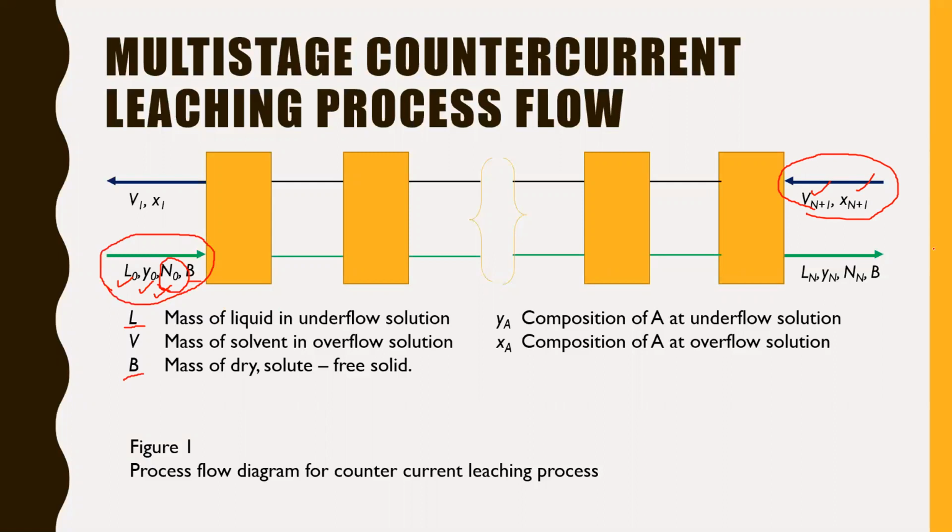And the outcome of the slurry solution is the leach solid, and here is the overflow or the extract of the solvent stream. V is the mass of solvent in overflow solution, and YA and XA are the composition of A in the underflow and overflow solution respectively.